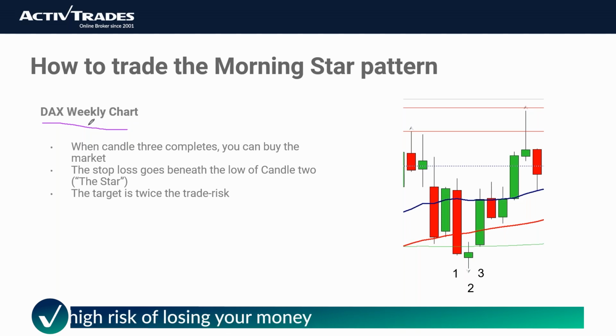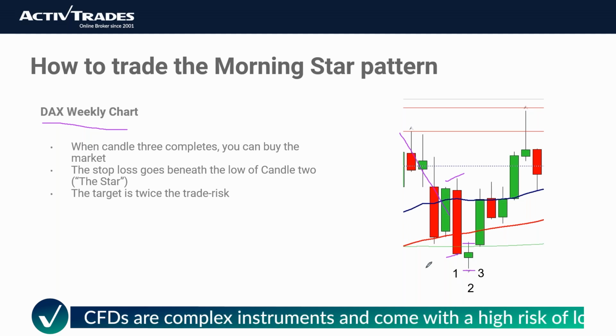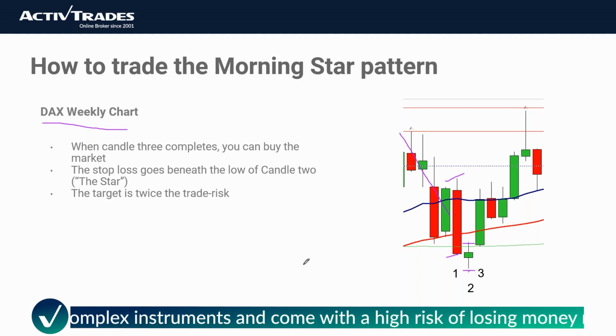So this is a morning star on the weekly chart here. You can probably see the price has been working its way down. And we had a very strong bearish candle. Okay, and here it's candle two. It hasn't gapped away, but it is how a second candle in a star pattern should look.